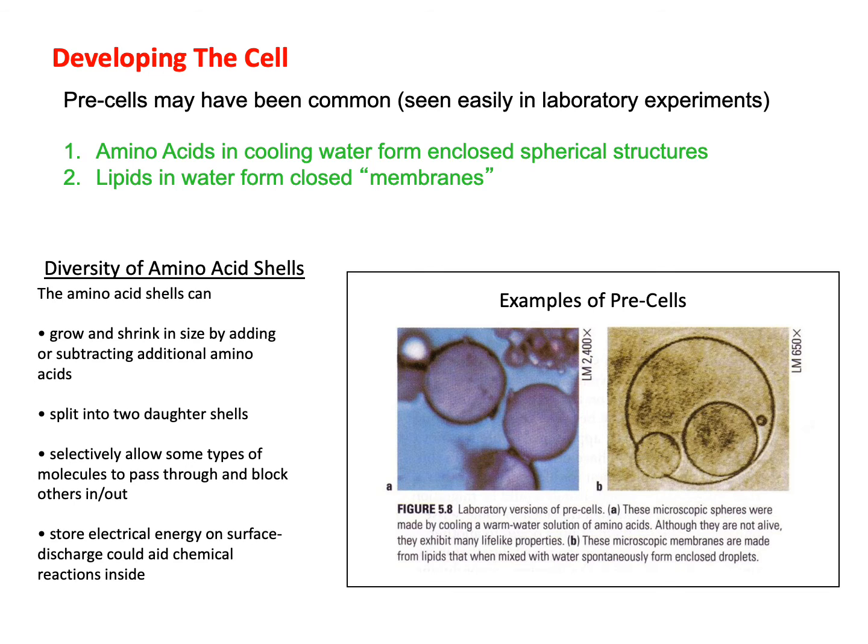Amino acids are your basic little molecules like we've been talking about, the things that RNA themselves are made up out of. And if you have cooling water, they tend to form into these little spheres. In figure A down there on the right, the bluish figure, you can see some pictures of some microscopic spheres that are made from amino acids. The other things that can form shells are lipids. They can form closed membranes.